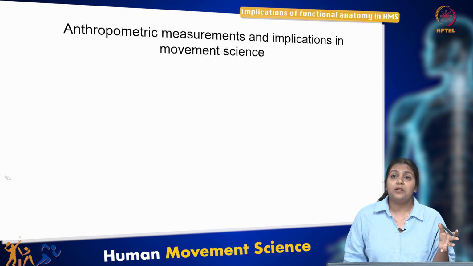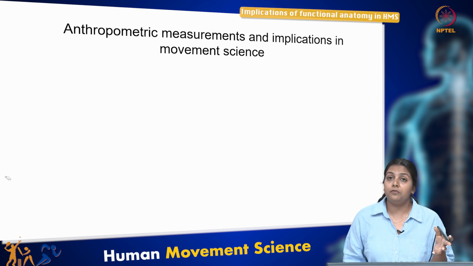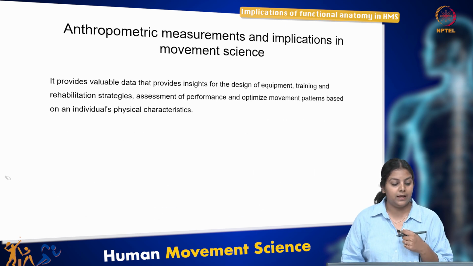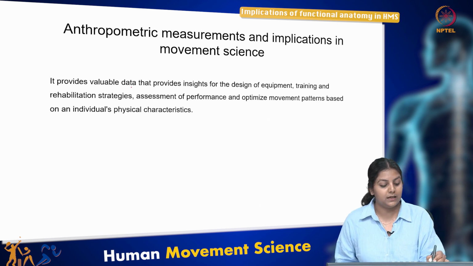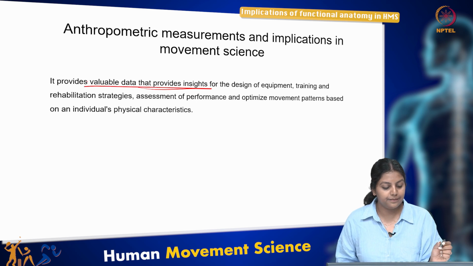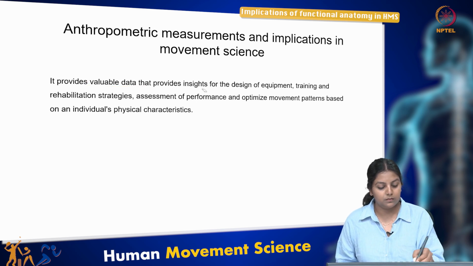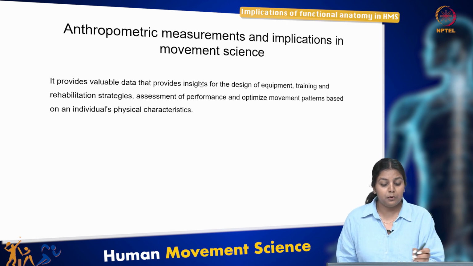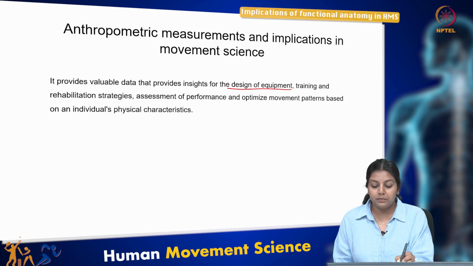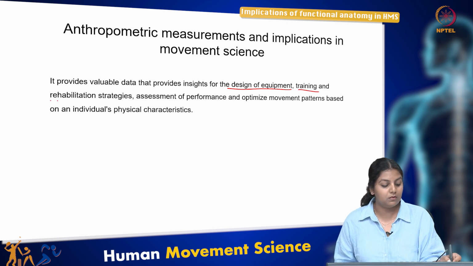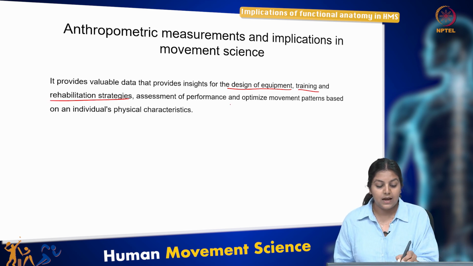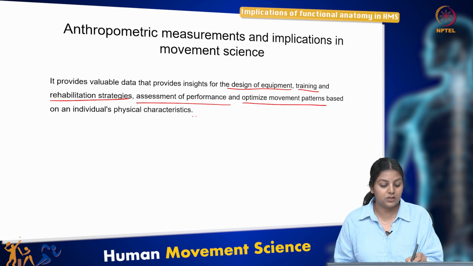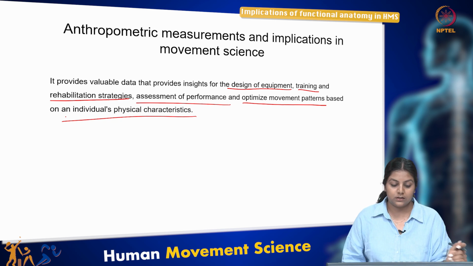So why is anthropometry quite important for us in human movement science and what are its implications? Let's look at them. So it provides valuable data that provides insights for the design of equipment, training and rehabilitation strategies, assessment of performance to optimize movement patterns based on individuals' physical characteristics.